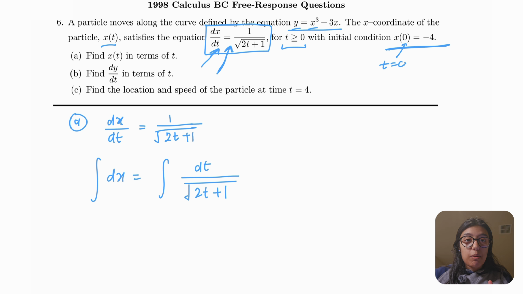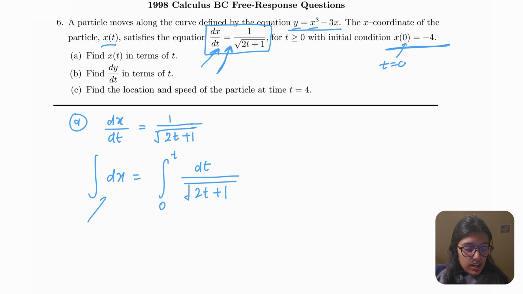Now, one thing to remember is that we need to find the bounds of integration. Let's start with the right side, because I believe that the right side is pretty easy to find the bounds of, because they already gave us the bounds of t. That is, t is greater than or equal to 0. So our lower bound is going to be 0. Our upper bound is going to be any t value right over here.